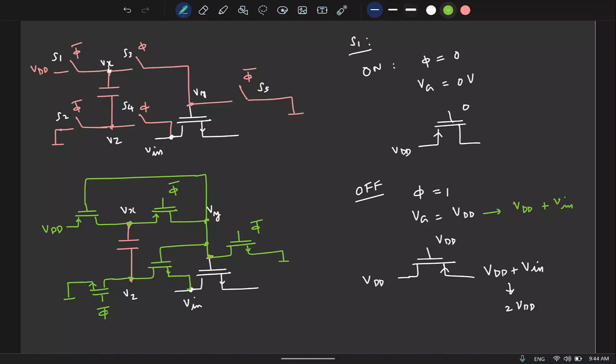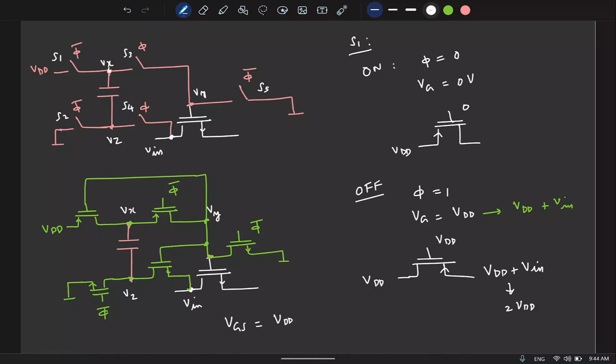Here again, one nice thing is you don't need to clock phi and phi bar. Everything is now clocked at phi bar. So just one clock is enough, and that will do the job. And this will keep the gate to source voltage constant, equal to VDD, irrespective of the input voltage.